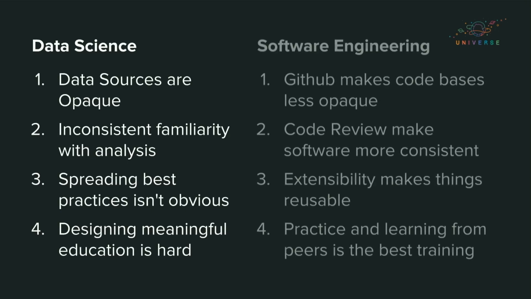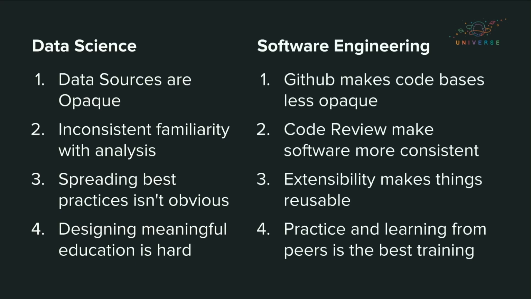In fact, that transition was so powerful for software engineering, and we need that transition for data science. GitHub was really powerful because it made code bases really non-opaque. You could go look at any open source piece of code in GitHub and see how someone did something. You didn't have to trust what they said. You didn't have to be like, oh, I heard a rumor that so-and-so did this thing, we should do it. You could just go look.